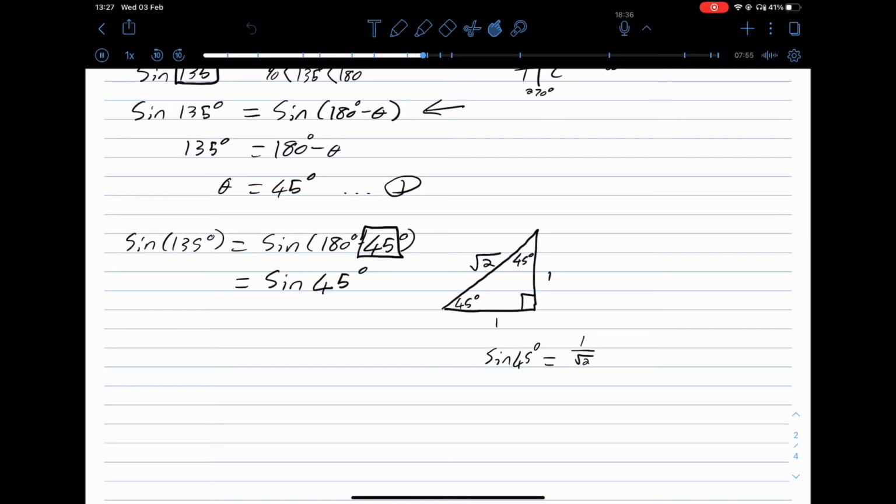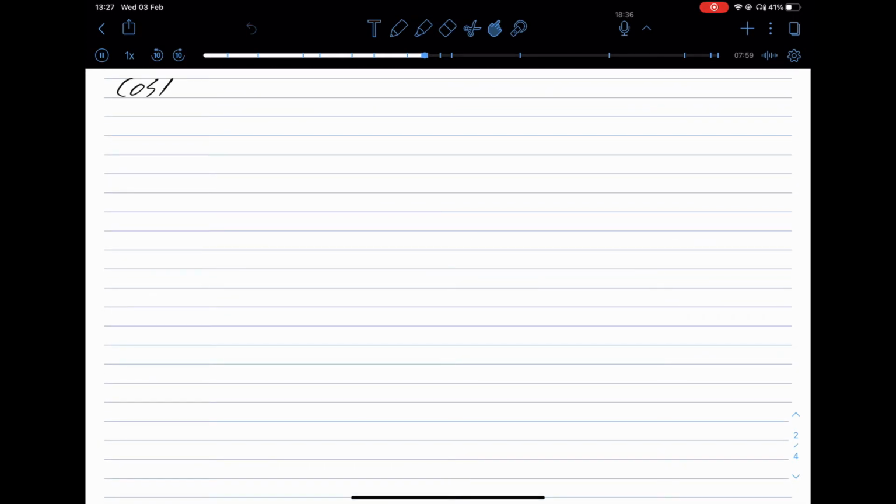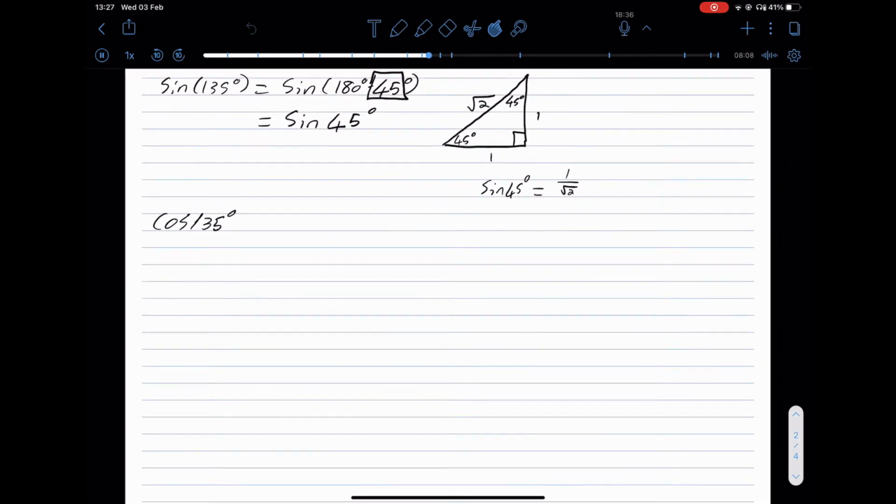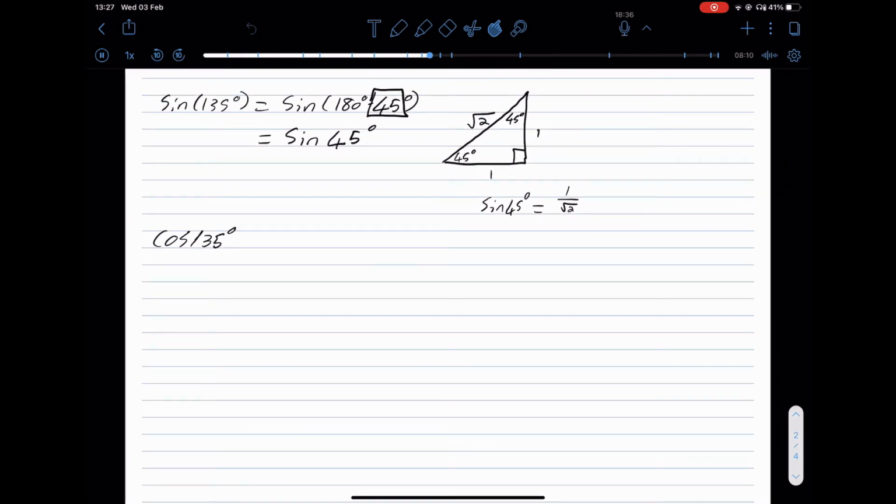So let's try one more example quickly. What about cos 135 degrees? It's the same angle, but we're going to be using a different ratio, namely cos instead of sine. So how do we do this? Again, first step, we draw our CAST diagram.